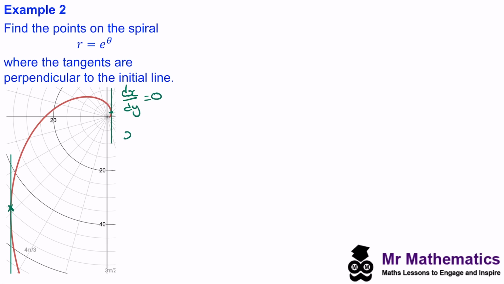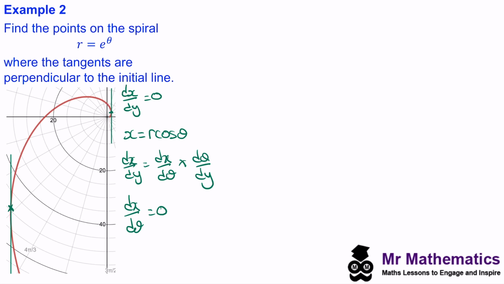And we covered in a previous video that the polar equivalent to x is r cos theta. So now we need to use dx by dy is equal to dx by d theta multiplied by d theta by dy. Because again, these two d thetas will cancel, so we're left with dx by dy. And to make this equal 0, we need dx by d theta to equal 0. And I'm going to put a little box around that because that's important.